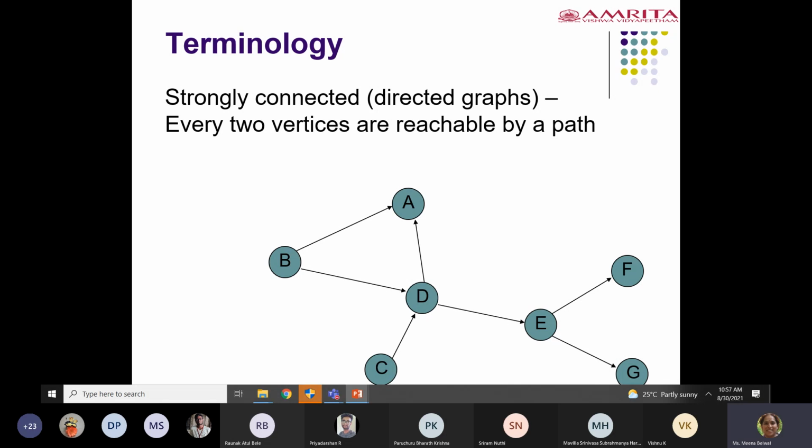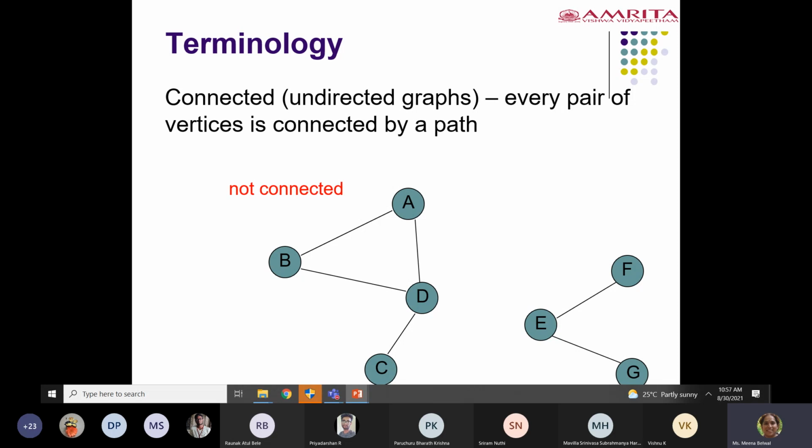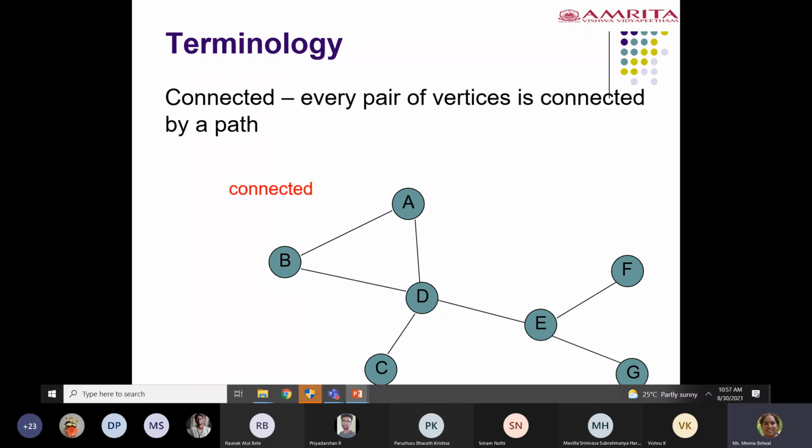Now, the next terminology is called strongly connected. The strongly connected terminology we use with directed graphs. The connected terminology we use with undirected graphs. We saw the examples.